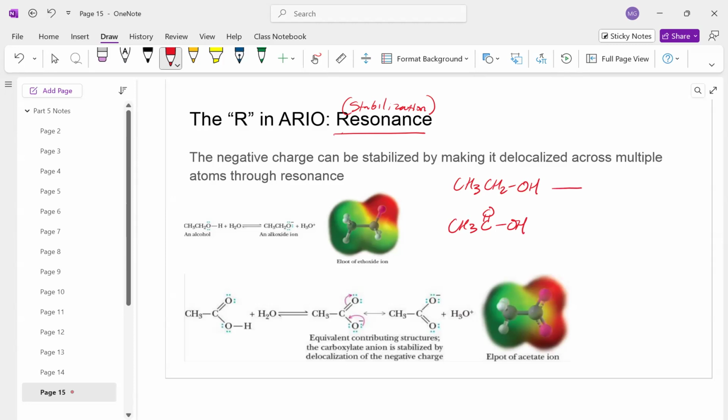Well, if we get rid of the proton, so we add some sort of base, and let's practice doing a mechanism here. So we use a base to pull off a hydrogen. Let's do that here. And let's draw the result of that.